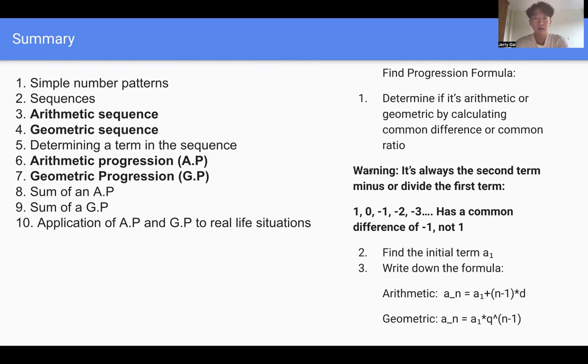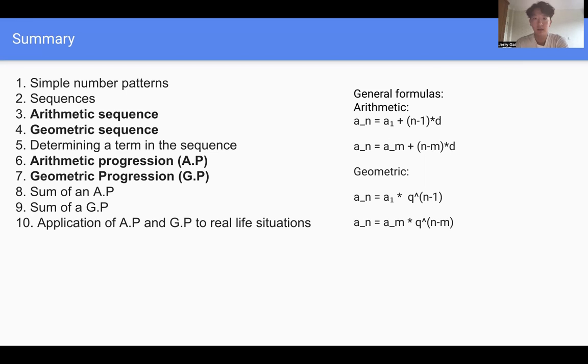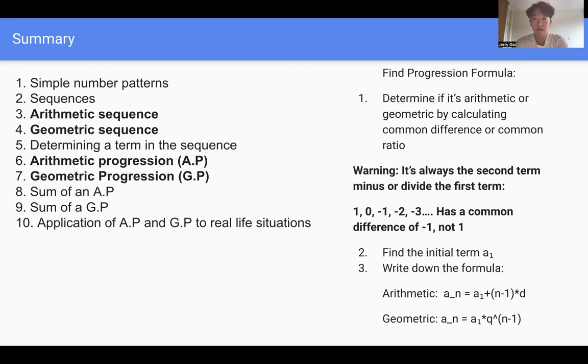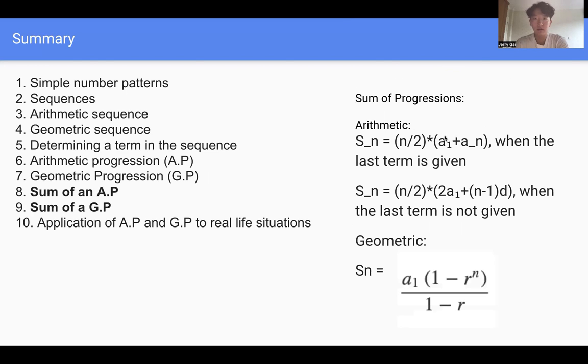Then we learned how to find the formula that we list here. After that, we also learned the sum of the progressions, and there are two formulas for arithmetic and only one formula for geometric.